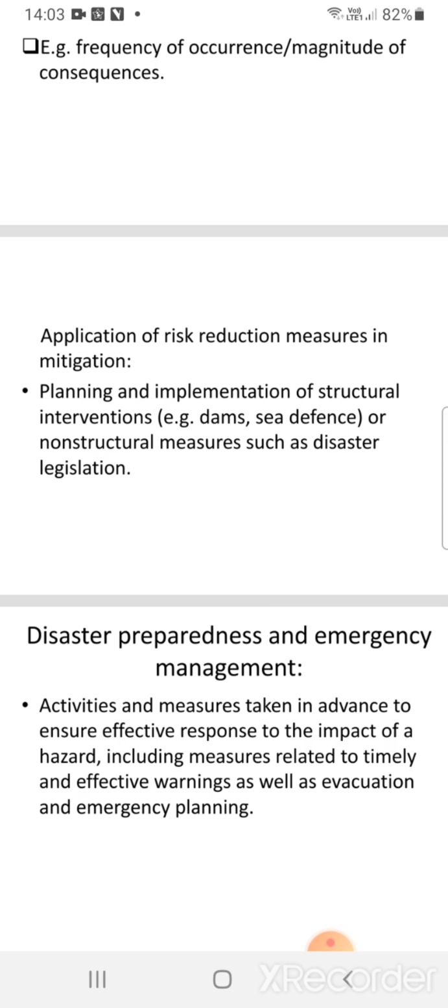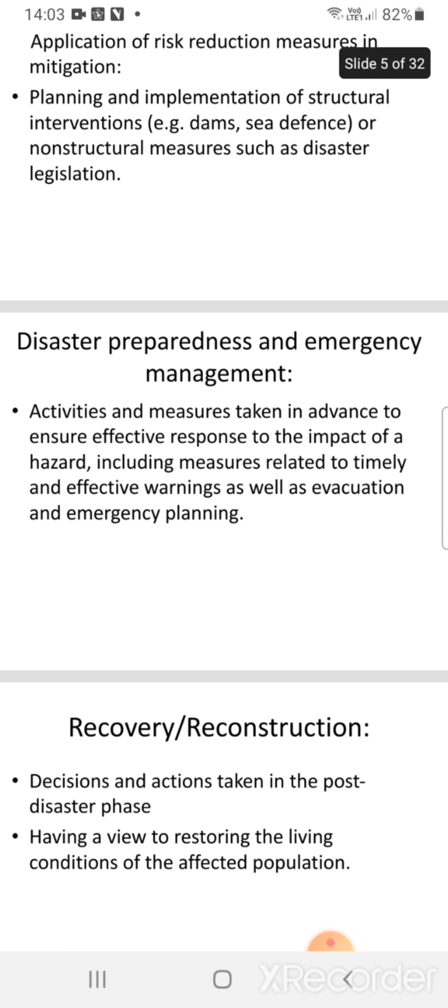So we are not creating a particular structure or civil engineering structure, or any concrete structure, or making any structural intervention, but they are non-structural measures which will involve the know-how to fight the disaster. And it is usually given to the people in the area which faces the situation.